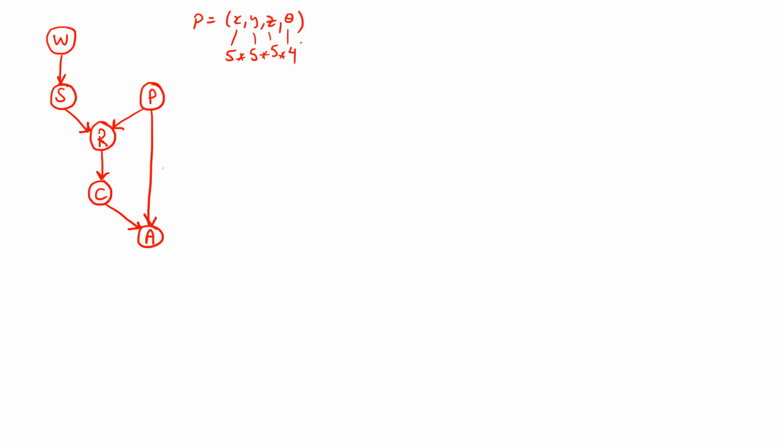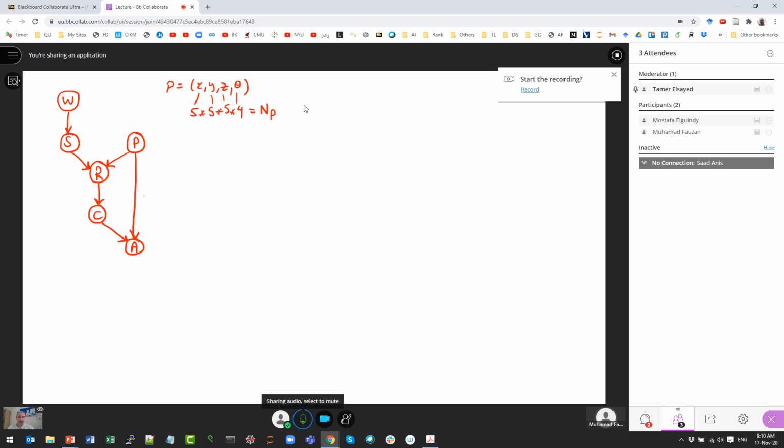So one from each. We have 5 possible values for x, 5 possible values for y, and so on. So the total number of combinations of these values will be 5 times 5 times 5 times 4, which is NP. Okay, is that clear, Muhammad? Mustafa, is it clear?